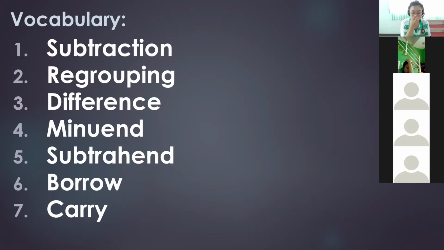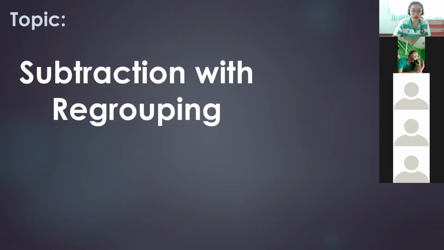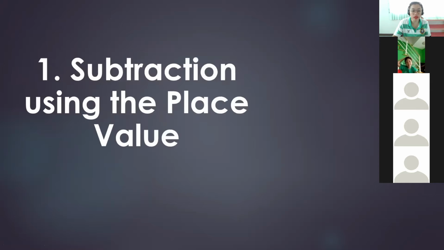Okay, so we're going to move on with our topic, which is about subtraction with regrouping. We will start with subtraction using the place value. We're going to subtract using the place value of the digits, which are ones, tens, hundreds, thousands, and 10,000s.